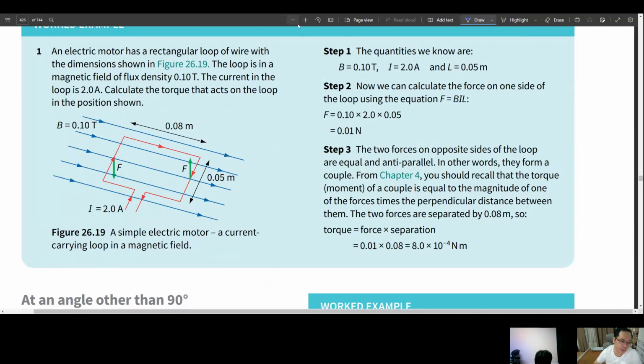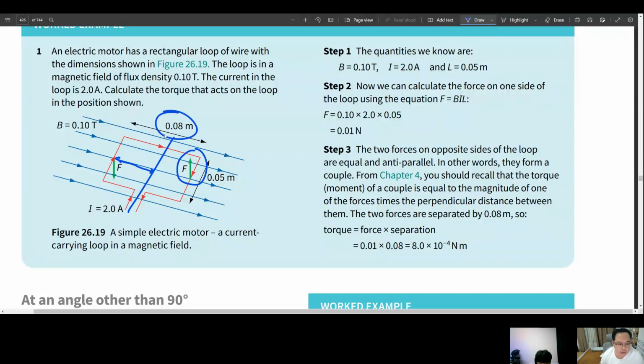We choose this axis to be the axis of rotation. So the distance from the force F on the left to this axis of rotation is half of this value, 0.08, which means 0.04. And similarly, we calculate the torque of the force on the right and add them together.